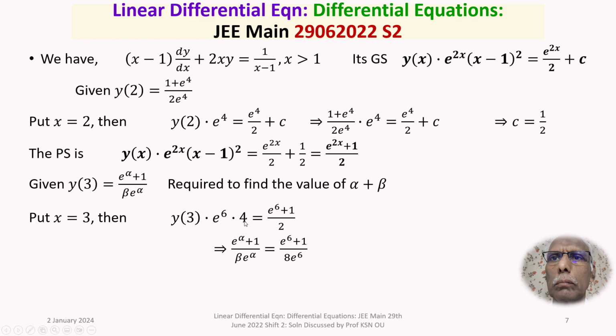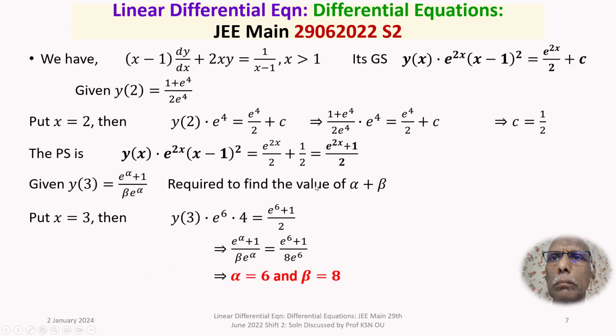That will be 4 twos are 8 e power 6. On comparison, what we see is e power alpha plus 1 matches e power 6 plus 1, and beta e power alpha matches 8 e power 6. So on comparison, alpha is equal to 6 and beta is equal to 8.